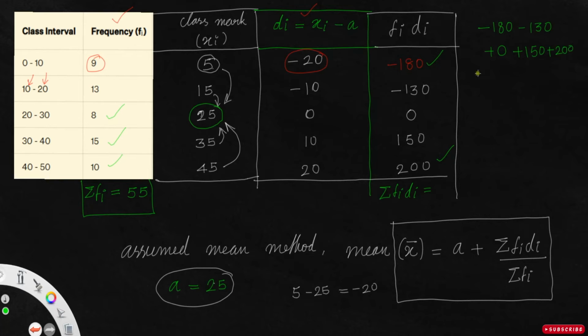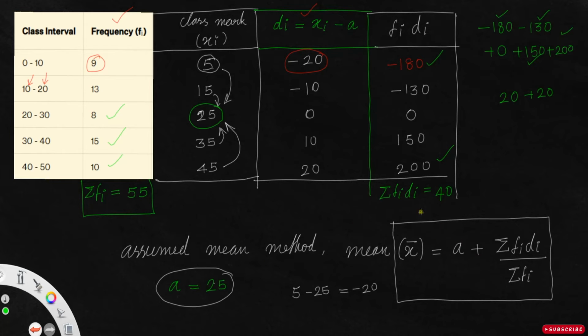Minus 180 plus 200 is 20. Similarly, minus 130 plus 150 is also 20. You can use a calculator and add all the data in this table considering the sign. So the answer will be 20 plus 20 is 40.